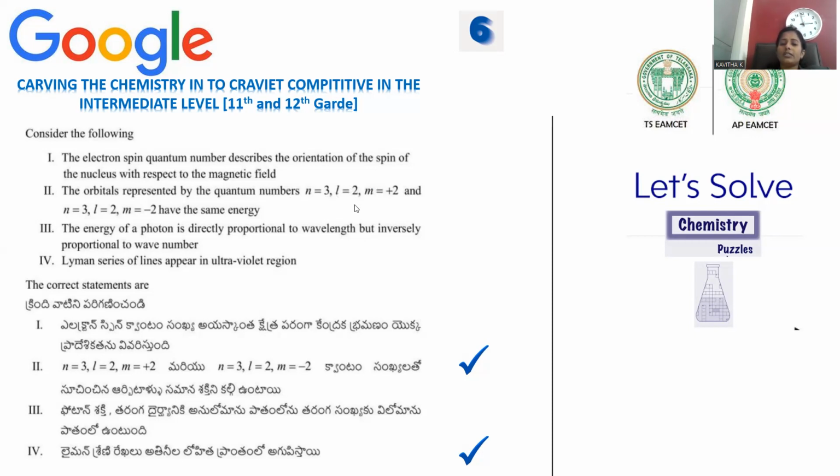For a d orbital, the m values are minus 2, minus 1, 0, plus 1, plus 2. Here one of the m values is given as plus 2, another m value is given as minus 2, so they have the same energy. There is no doubt both orbitals belong to the d orbital only. All the d orbitals are degenerate, same energy orbitals, so we can say same energy only.